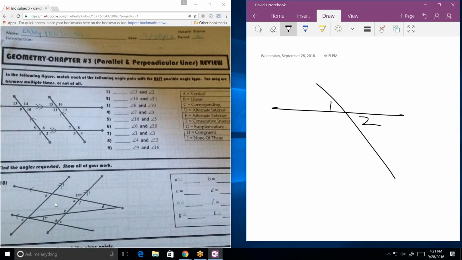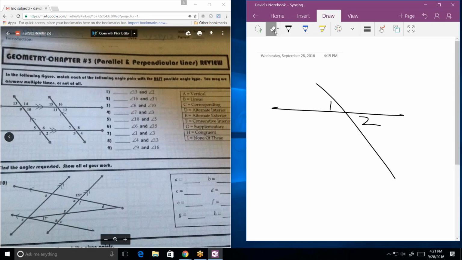Where are you getting that from? Minus 17 from 180. Well, G is actually the first tough one we've come across. Okay? Let me draw a little bit of it on my tablet here.